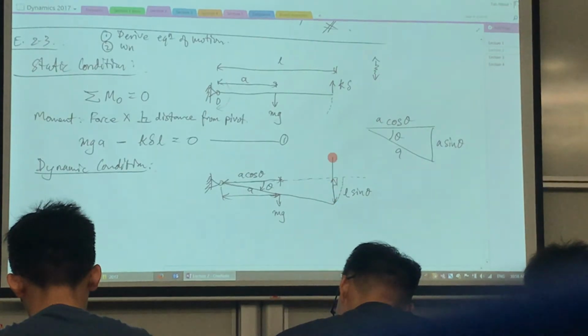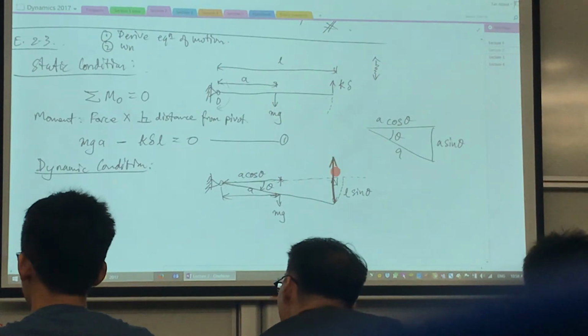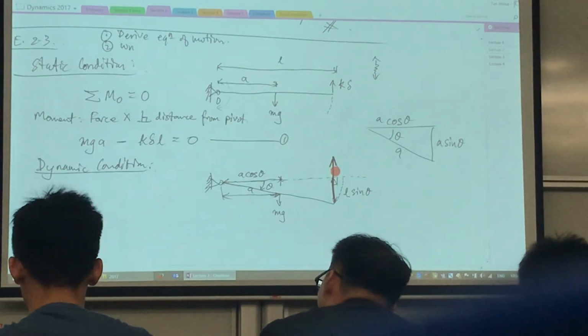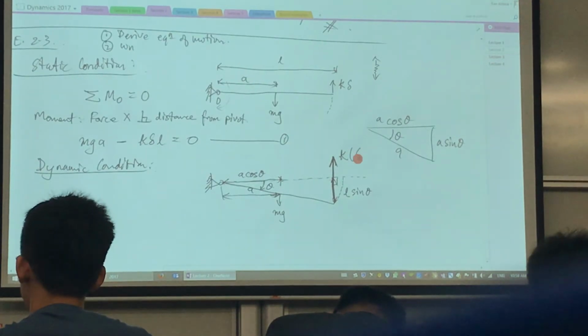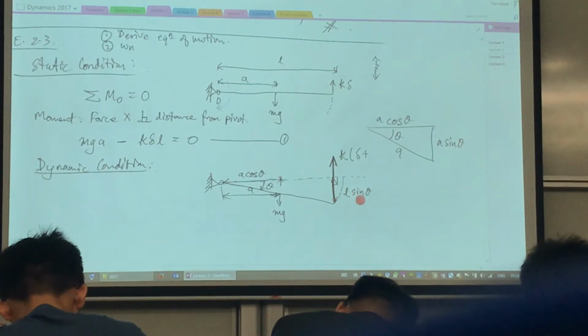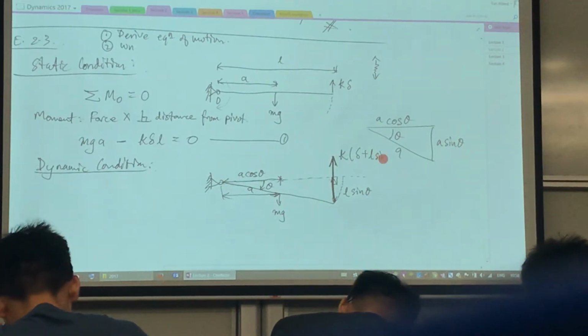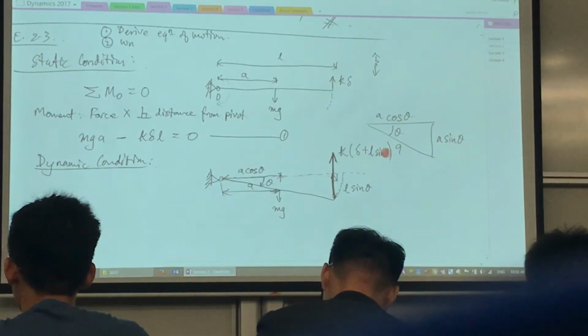So the force is actually acting upward, because of that spring. And in this case, that spring force will be K times delta plus this amount of extension, L sine theta. Why written in that way?